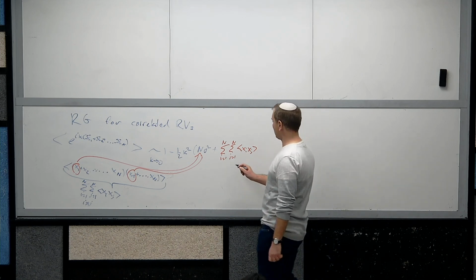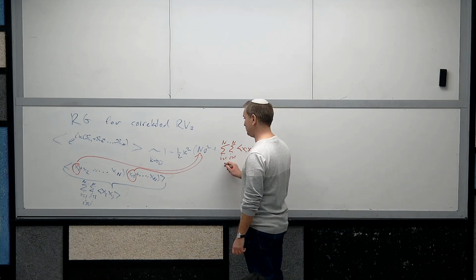Should you put the condition that i doesn't equal j? Yeah, exactly, and then we have this condition i does not equal j.